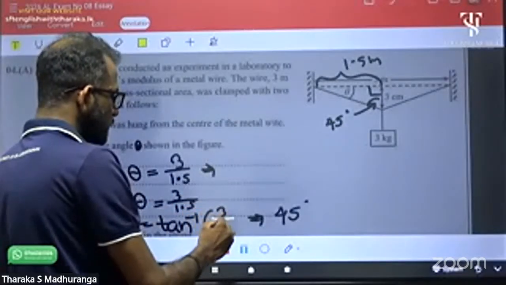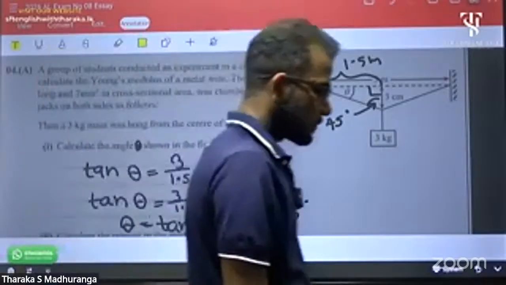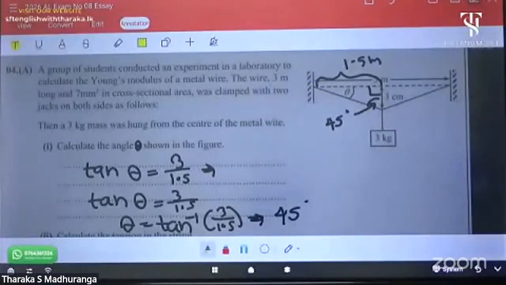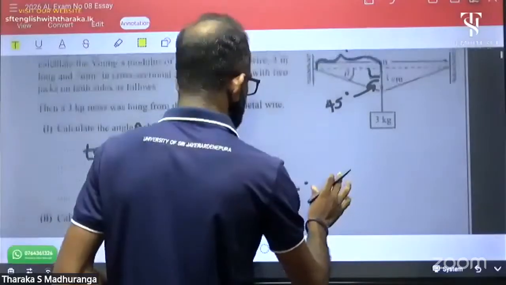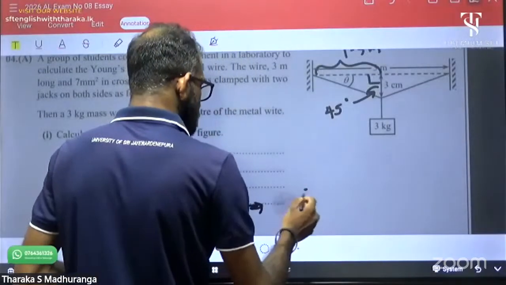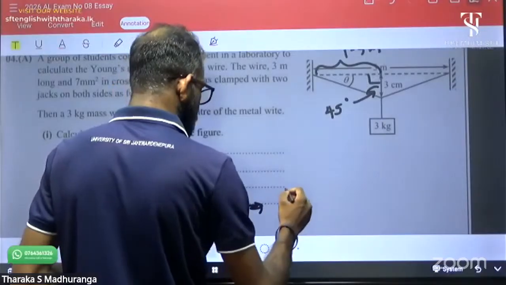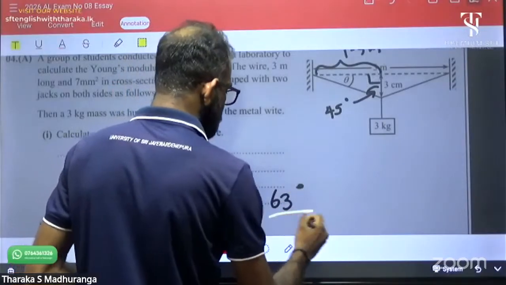Tan inverse 3 over 1.5. It is approximately 63 degrees. 63 degrees is the angle.